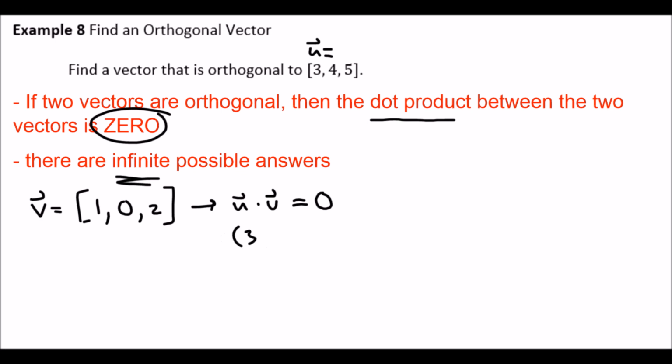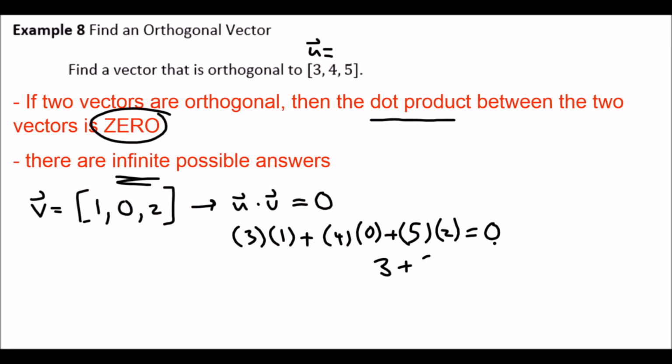So it's going to be 3 times 1 plus 4 times 0 plus 5 times z, and this is equal to 0 because they're orthogonal. So here I'm going to get 3 plus 5z is equal to 0. Bring the 3 over, so 5z is equal to negative 3. My apologies. So z is equal to negative 3 over 5.